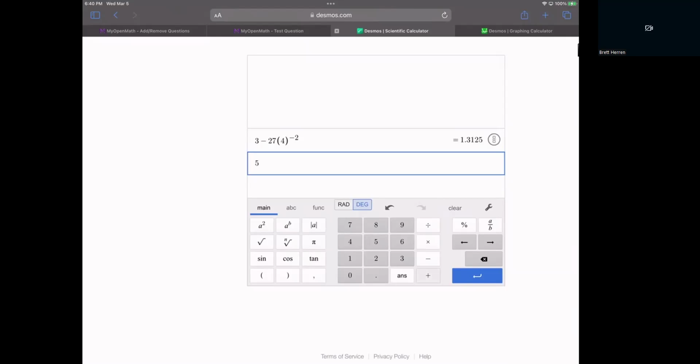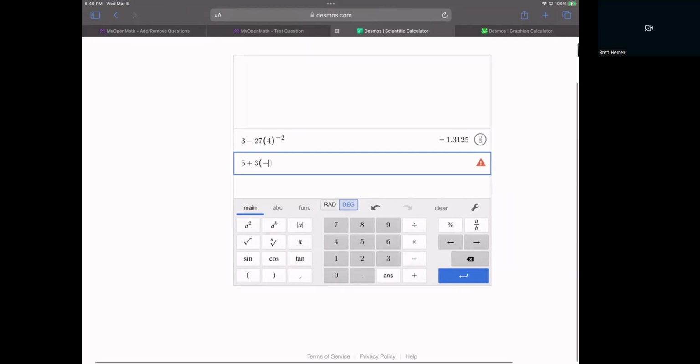So it's 5 plus 3x, and it was negative 3 plus 27 times negative 3 to the negative 1. There it is. I got negative 13.